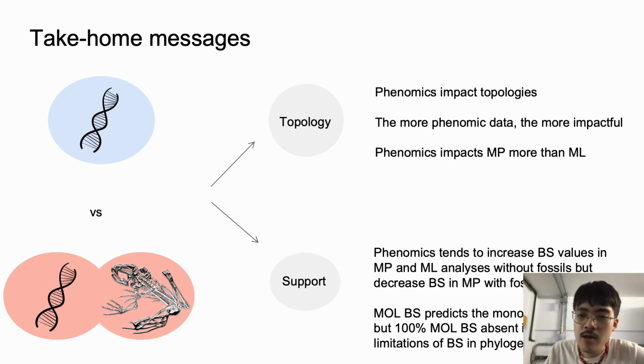In support, phenomic evidence tends to increase bootstrap in parsimony and likelihood without fossils, but weakly decreases bootstrap in parsimony with fossils. The higher the bootstrap in molecular clades, the higher the chances to recover that clade in total evidence trees.